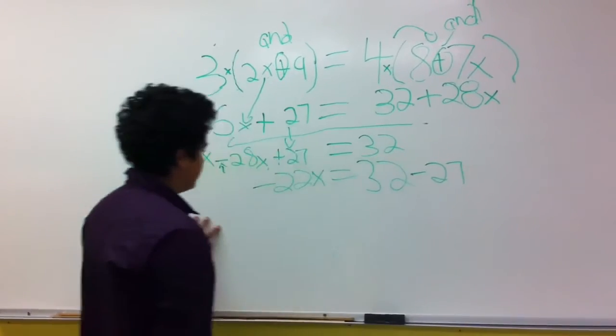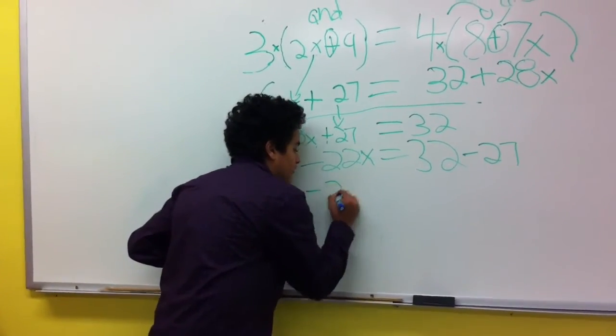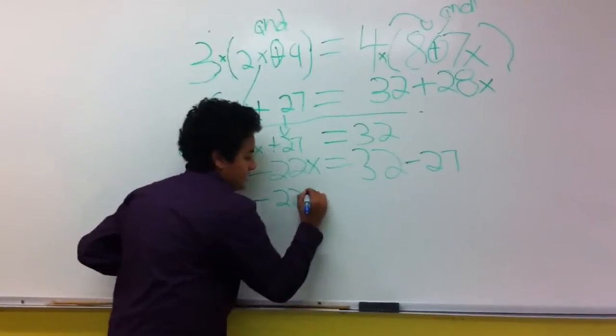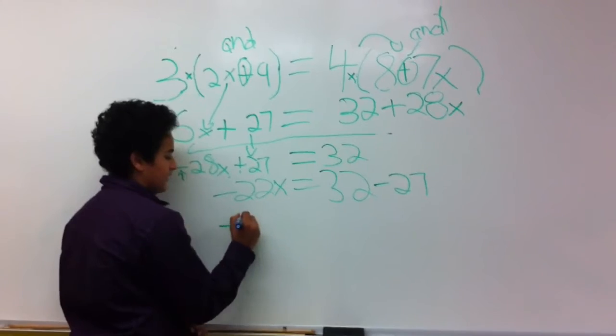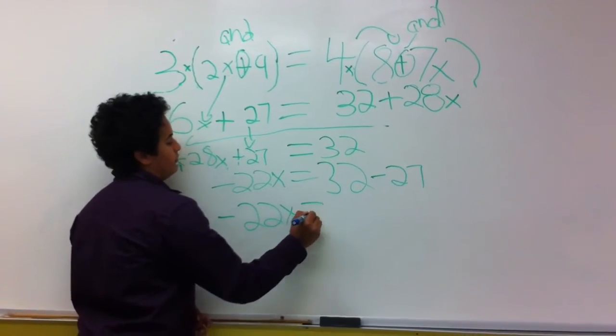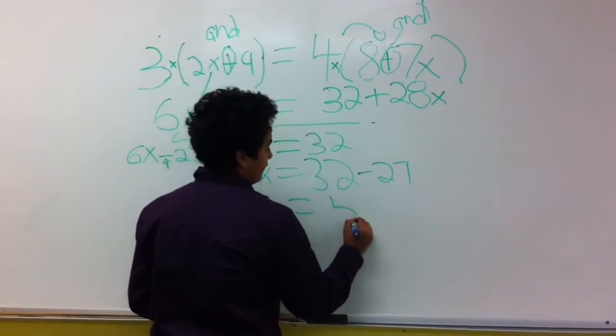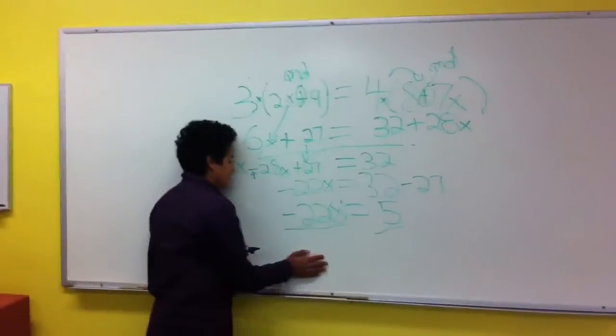Okay, you're going to get the answer. So it's going to be negative 22x equals, now you're going to want to write it again, negative 22x equals 5.